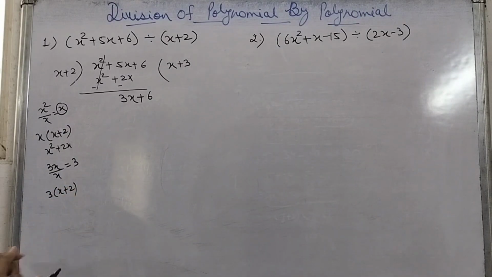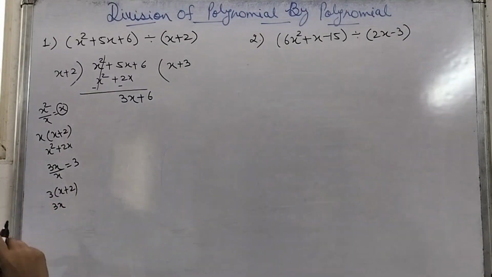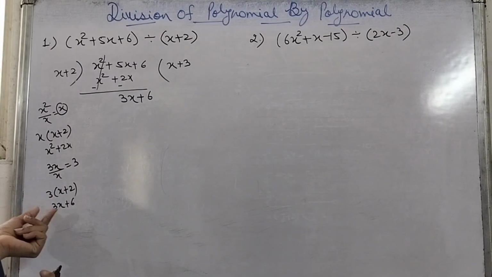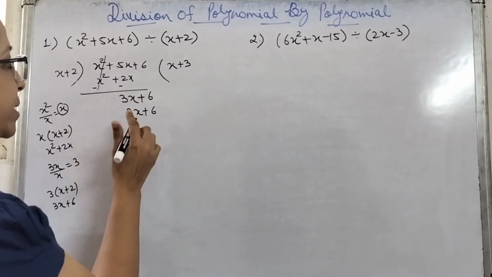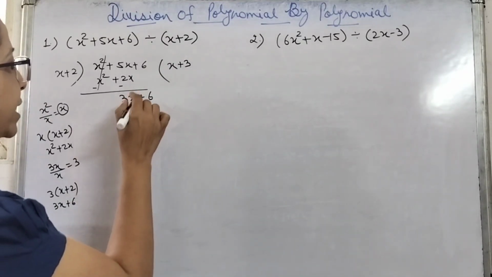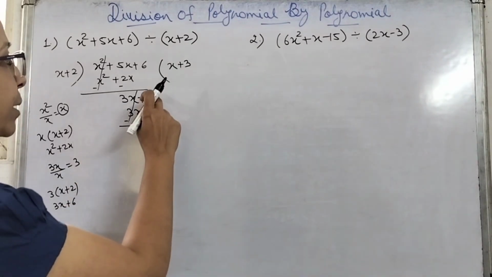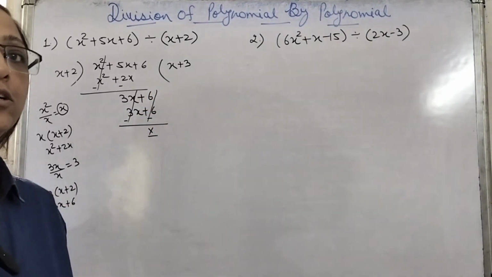If we multiply these two, 3 multiplied by x is 3x and 3 multiplied by 2 is 6. So we will write 3x plus 6. Now we will subtract it. So we change the sign. 3x positive, 3x negative, both cancel. Plus 6 minus 6, both cancel. So the remainder will be 0.